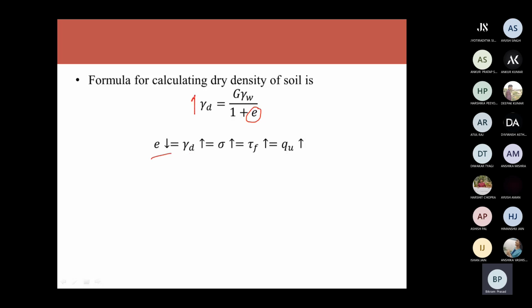And subsequently all the engineering properties are increasing, the bearing strength, the shear strength. So basically the idea is that if we can reduce the voids, the properties of the soils are increasing, index properties as well as engineering properties.